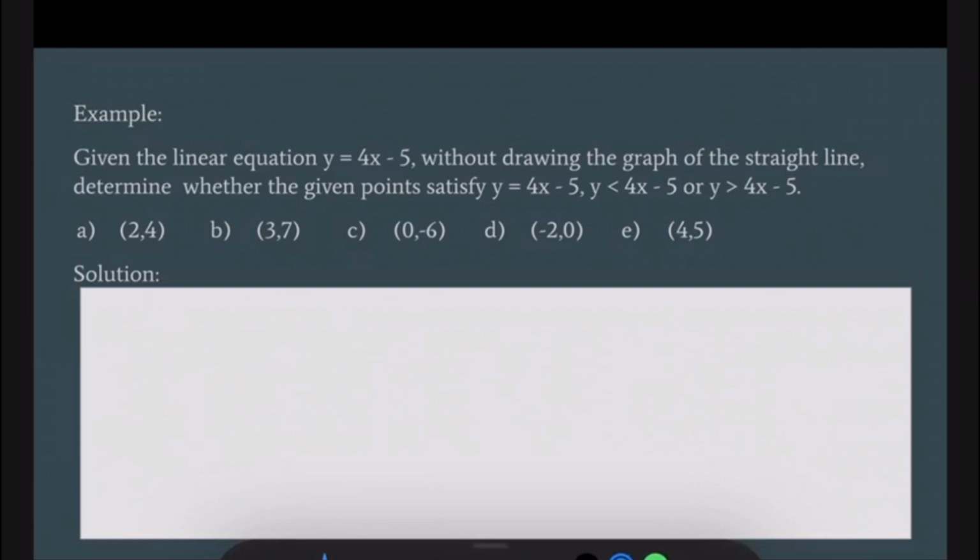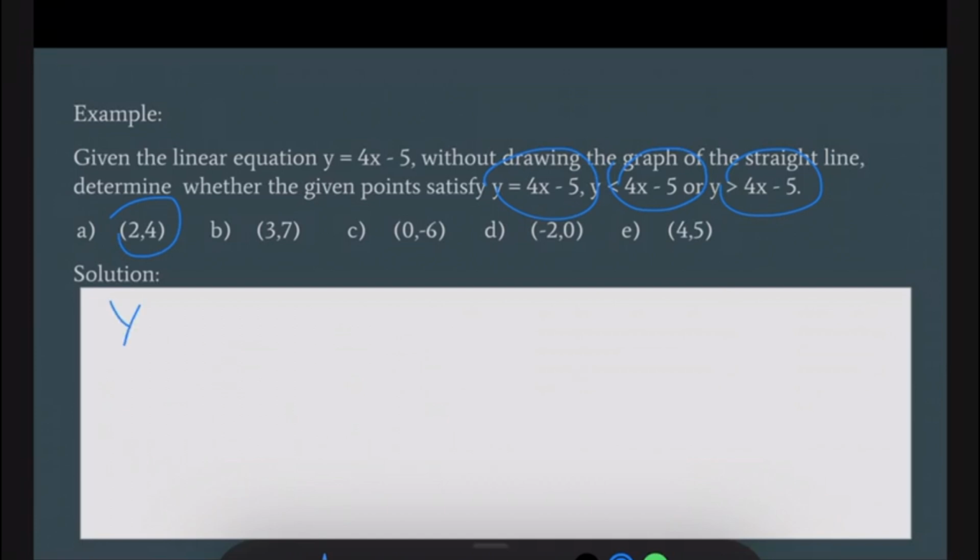So the way to answer this question is you need to do it one by one, whether it satisfies these three. We need to classify this point. Does it count as equal or less than or more than? Okay, so let's find out.